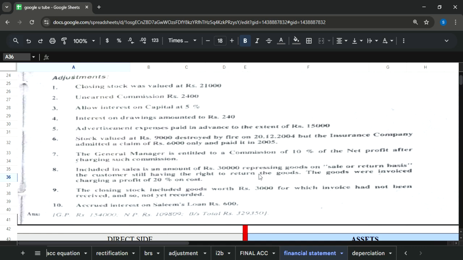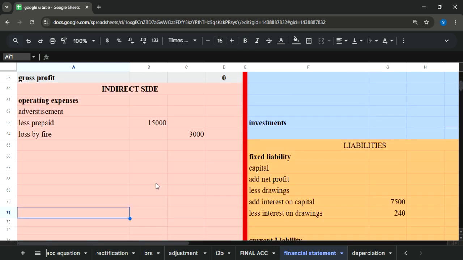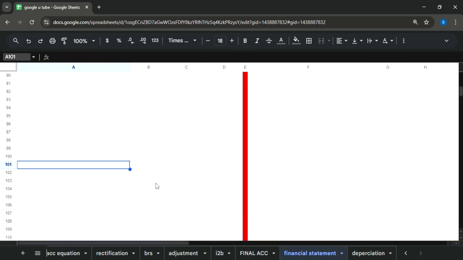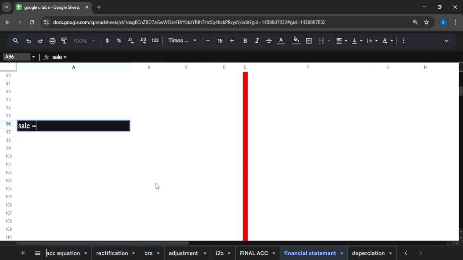Now next, when you have sold this commodity for 30,000, obviously you will sell it for a reason. A reason is your profit, that is 20% on cost. So first we will see how much cost is. For that, here we will be making sale would always be equal to cost plus profit.